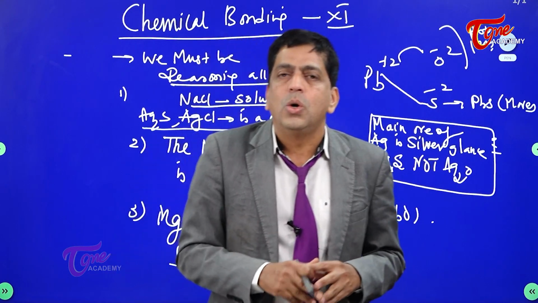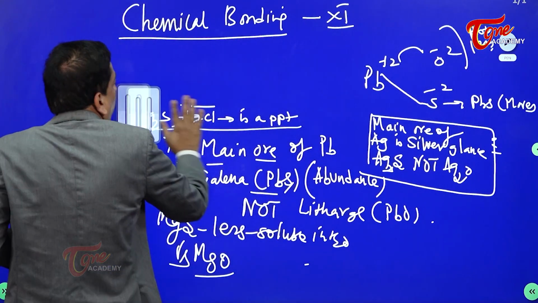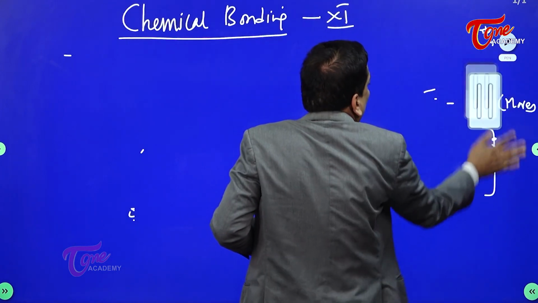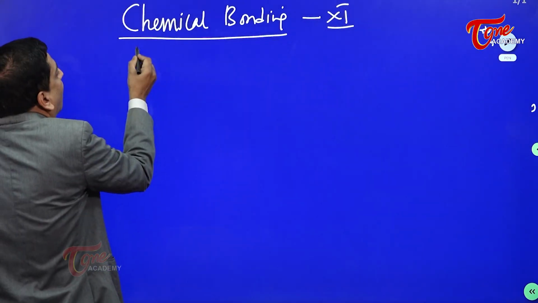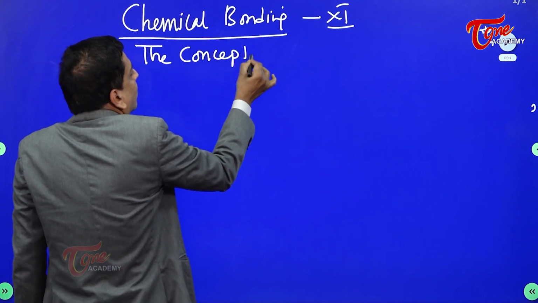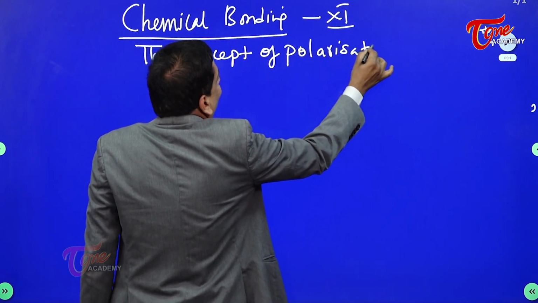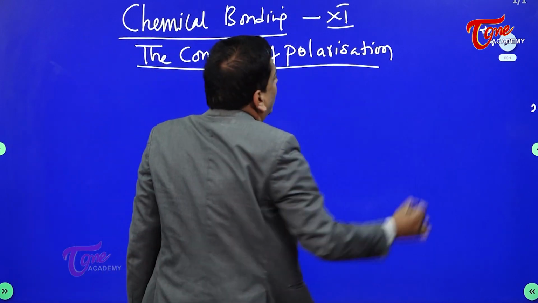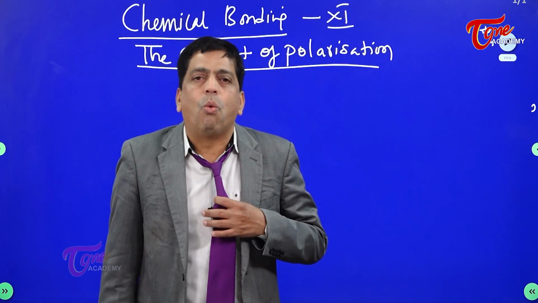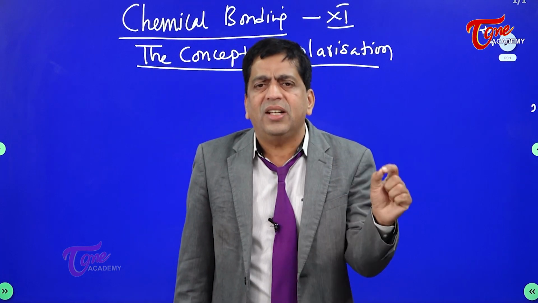And I'll be doing that. Watch. To explain all this, I propose to you the concept of polarization. Now, if someone asks you why you are proposing this in the first place, let us write the aim first.